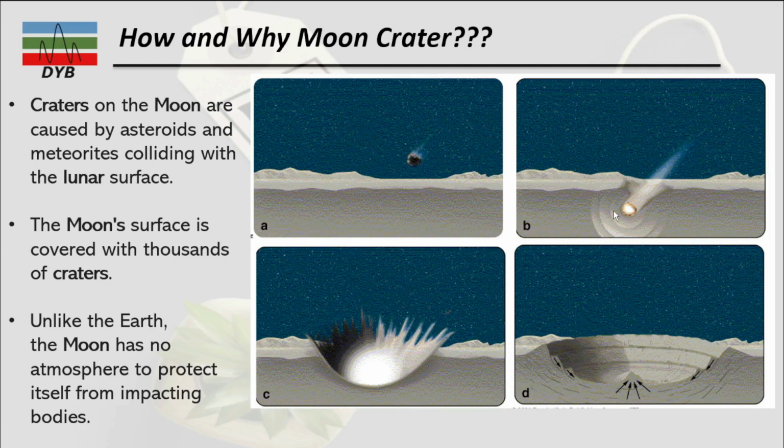When it hits the surface, all the surface materials go out, and it can form something like a syncline or basin feature.